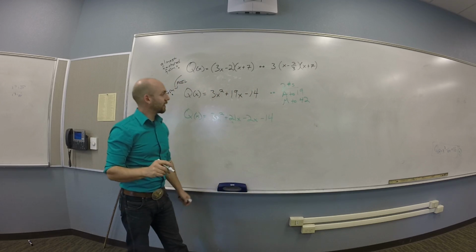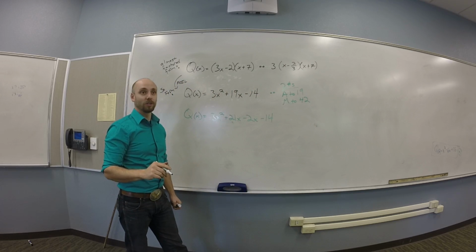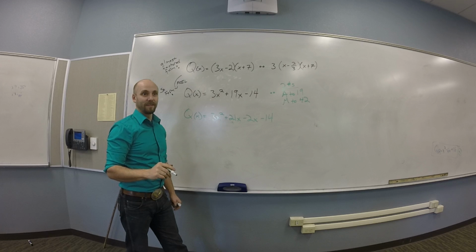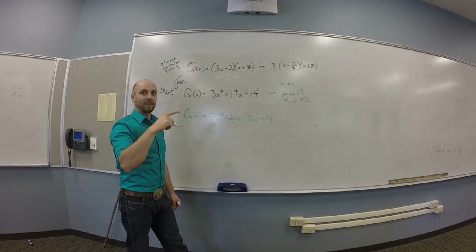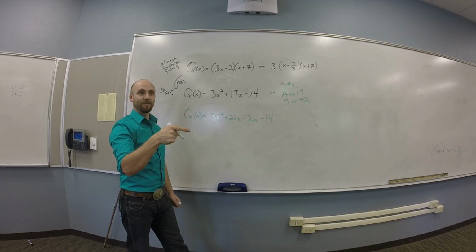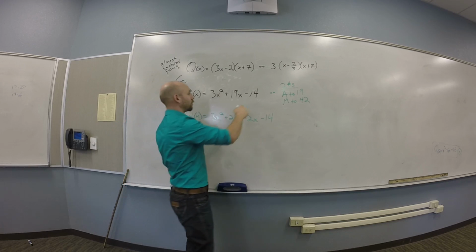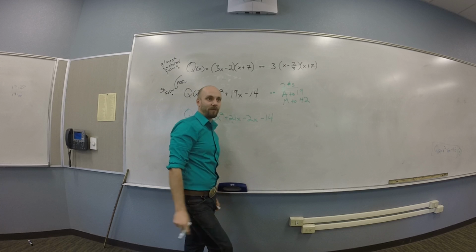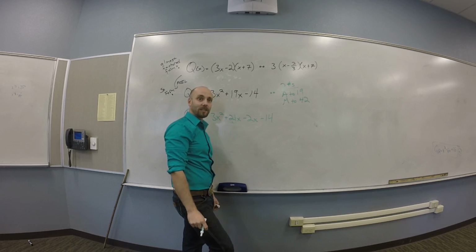Two numbers that add to 19 and multiply to negative 42 are 21 and negative 2. To get them to add to 19, the 21 has to be positive and the 2 has to be negative, and that jives with the multiply to negative 42. You might spend a second to check that signage.